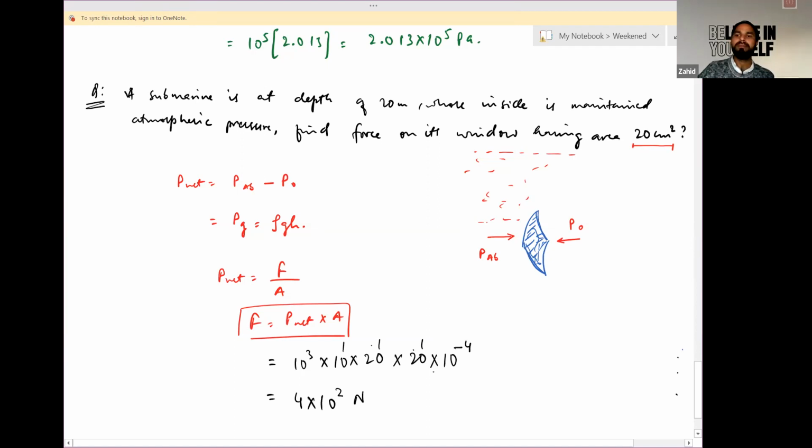Is it clear? Namuna, we have to convert first area from centimeter square into meter square. Okay? Okay, sir.